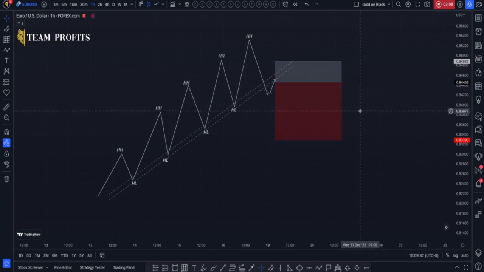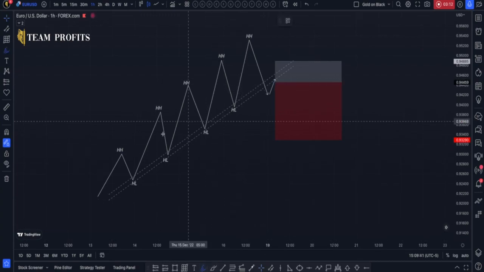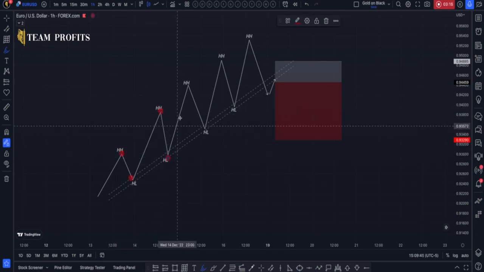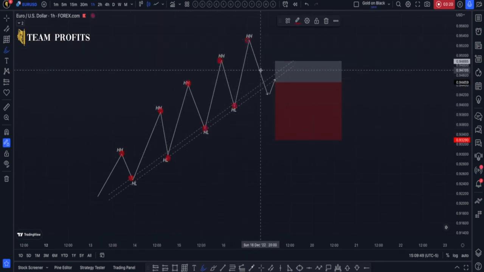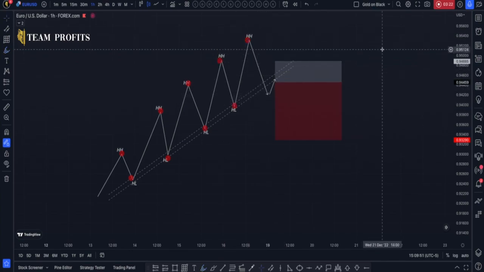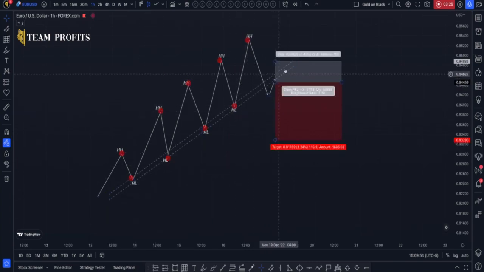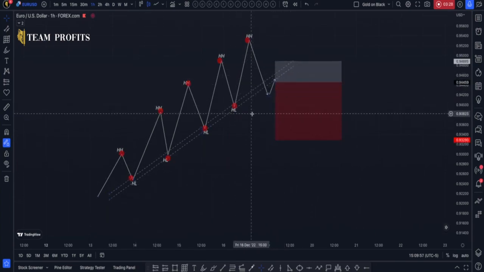Why? You have to focus on the confirmation of the higher, like in this case, right? This is a higher high, higher low, higher high, higher low, higher high, higher low, right? So far, what we understand is that this looks like, okay, it's breaking the invisible line, but it's not breaking the actual trend.